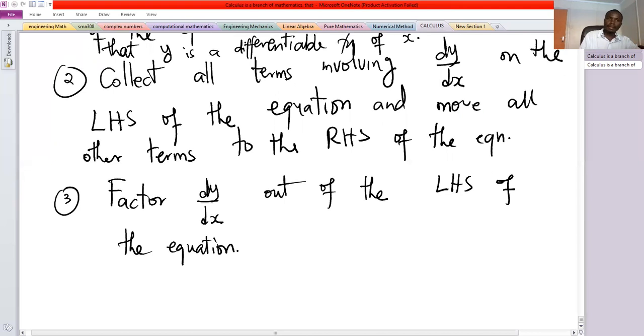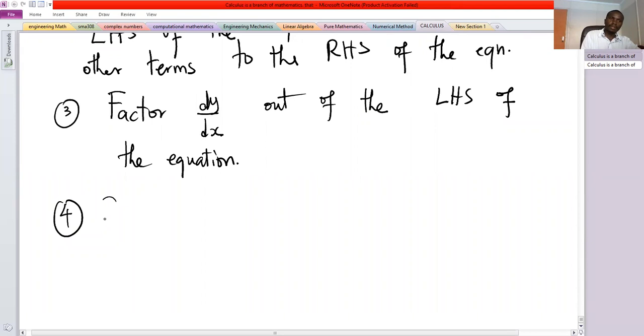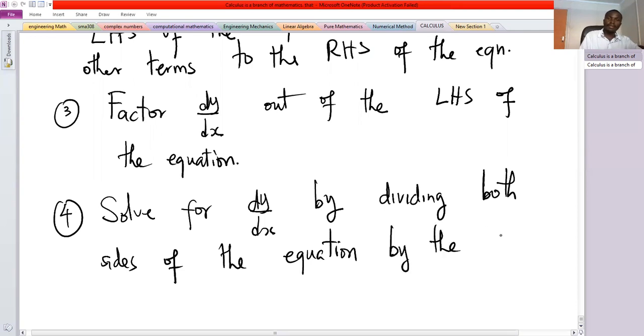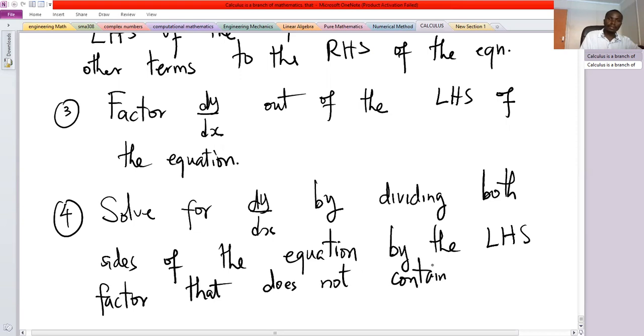And lastly, solve for dy dx by dividing both sides of the equation by the left-hand side factor that does not contain dy dx.